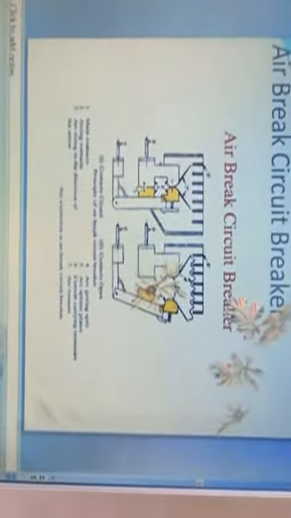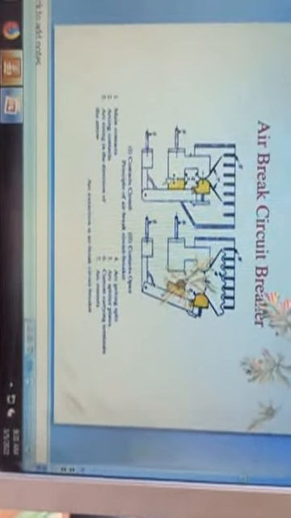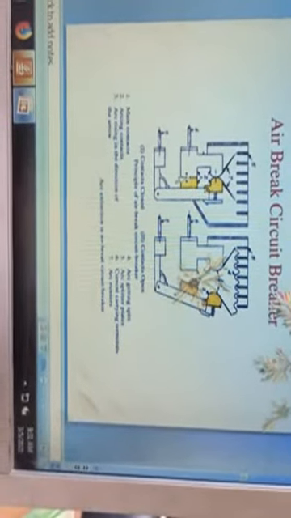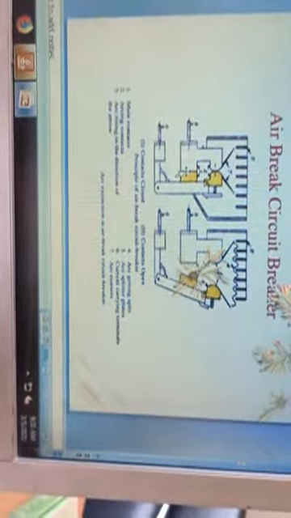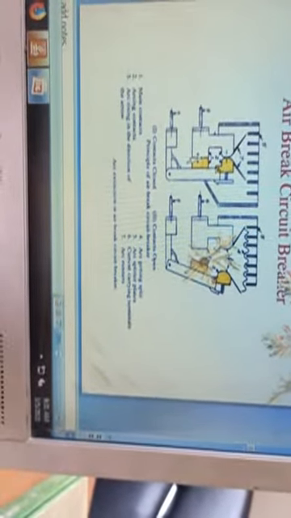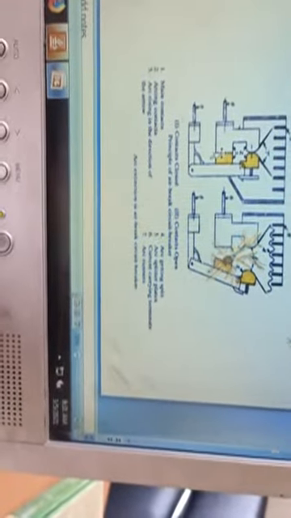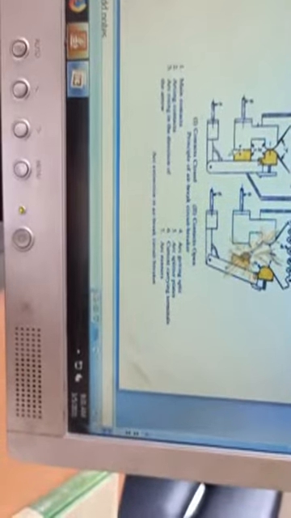In the air brake circuit breaker, the contact separation and arc extinction take place in air at atmospheric pressure. Okay, so the contacts open and an arc is drawn between them. The arc core is a conducting part of plasma. The surrounding medium contains ionized air.